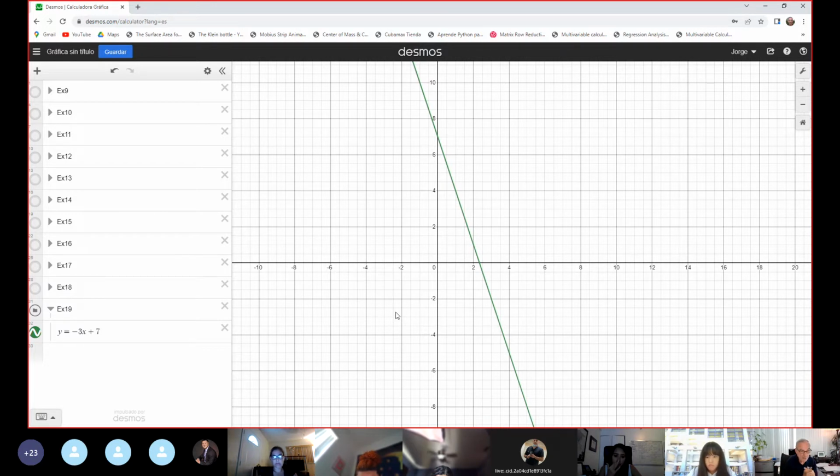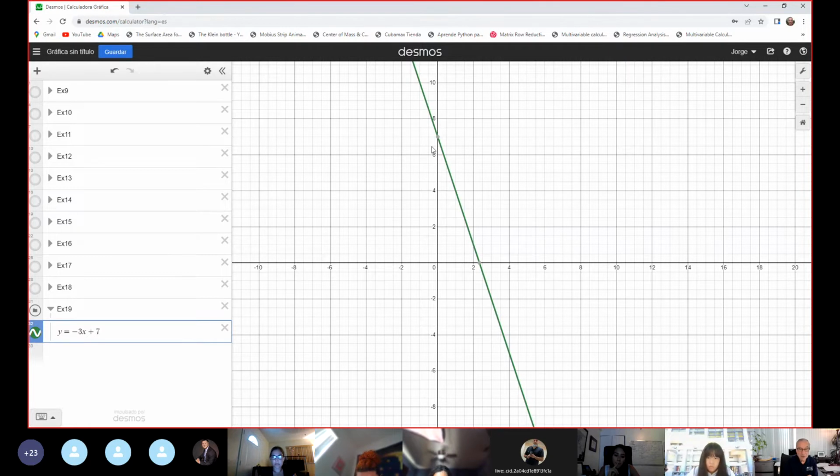So m is negative 3. That is the reason our line, our green line that you see now, is going down. So when you're walking, remember, from left to right, the y value is going down. It's because the slope is negative. It makes sense, a decreasing function. Now, the famous y-intercept is the point 0,7.